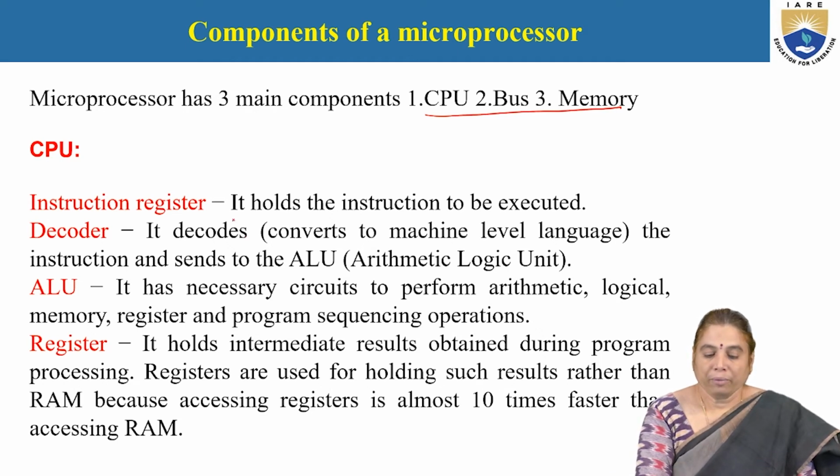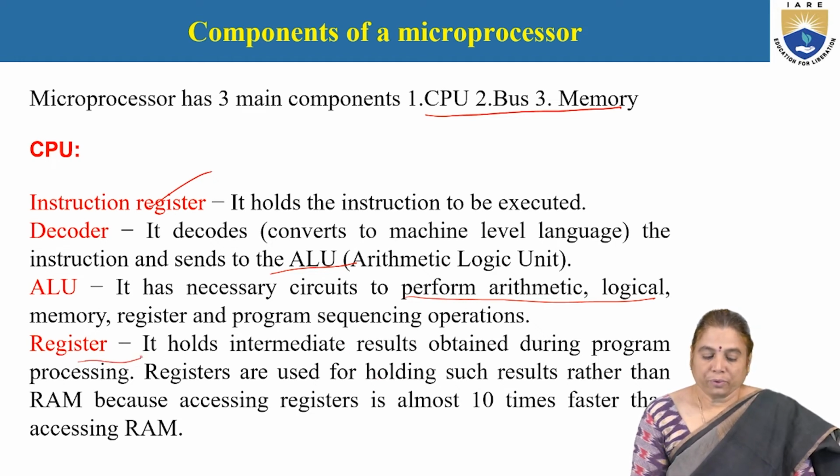The CPU is constructed with the instruction register to hold the instruction that is being executed. The decoder decodes the instruction and sends it to the ALU. The ALU performs arithmetic and logical operations. Registers are used to store temporary values to increase the processing speed of the microprocessor.